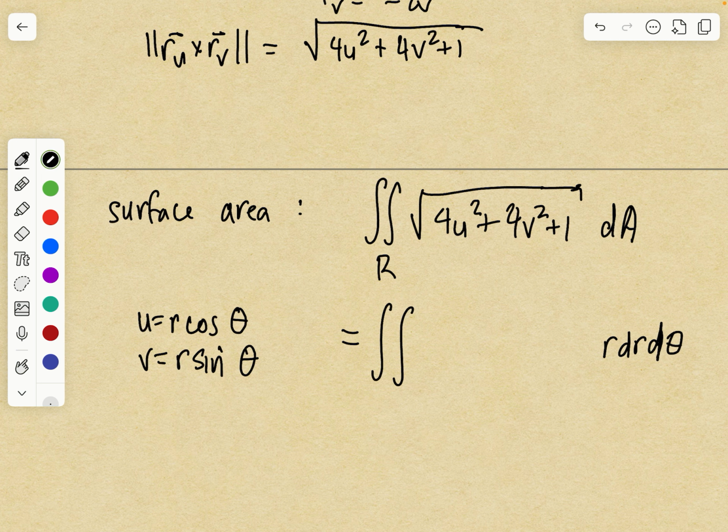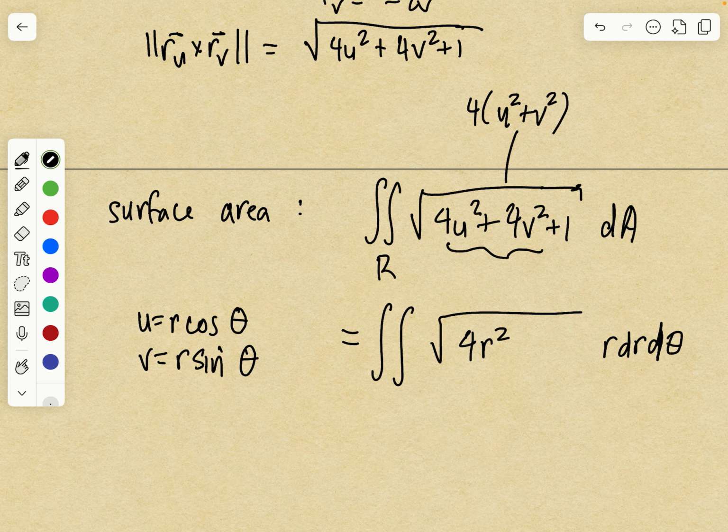This part is 4 times (u squared plus v squared), and u squared plus v squared is r squared. So I get the integral of the square root of 4r squared plus 1, times r dr d theta, where r goes from 0 to the square root of 20, and theta goes from 0 to 2 pi.